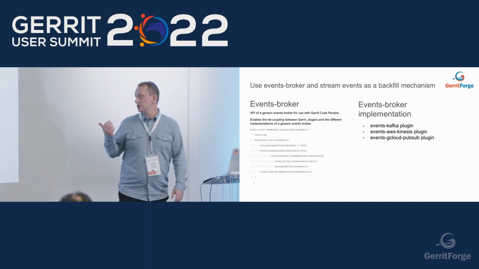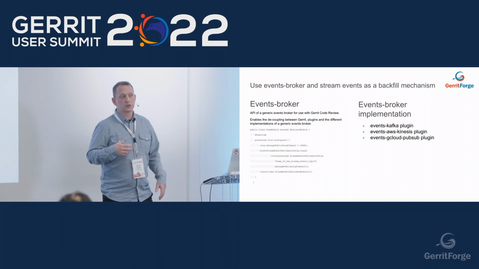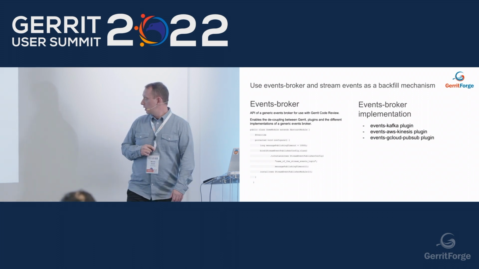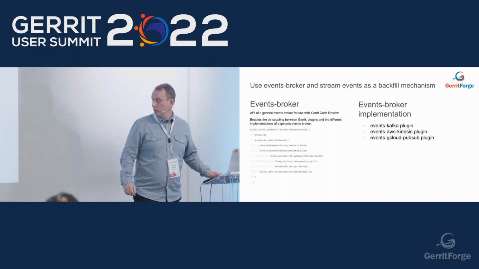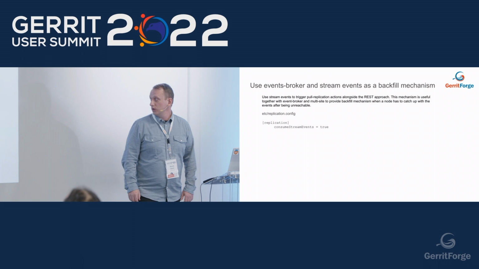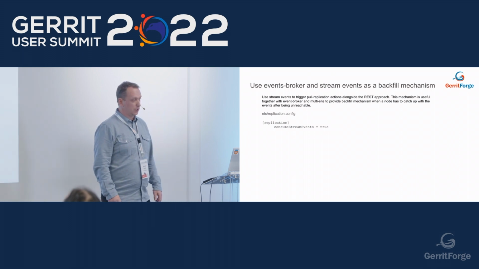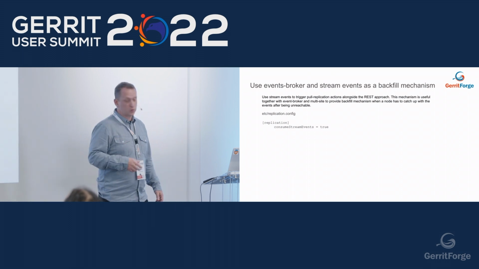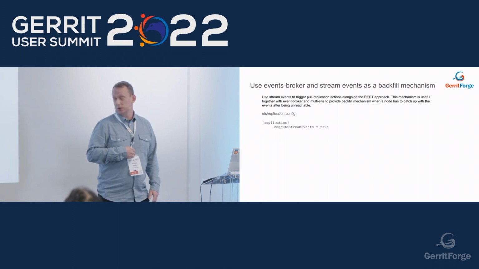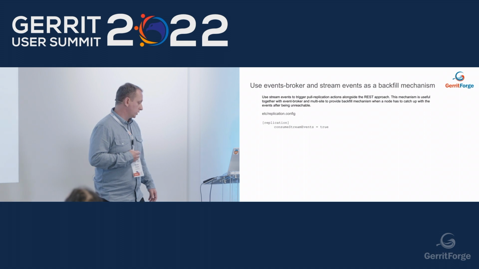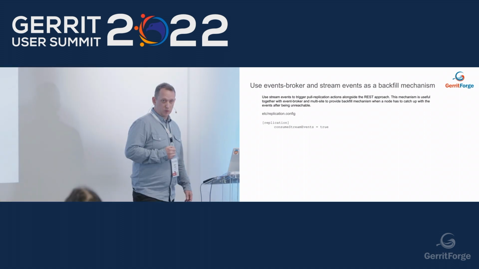So if you instantiate that module, it's going to start streaming the events to the events broker. And then when that's done, the only thing you have to do on the pull replication side is to enable it. So there is just one param, you set it to true, and that's it. So we're going to start consuming messages in pull replication, and we're going to start triggering the fetch operations.